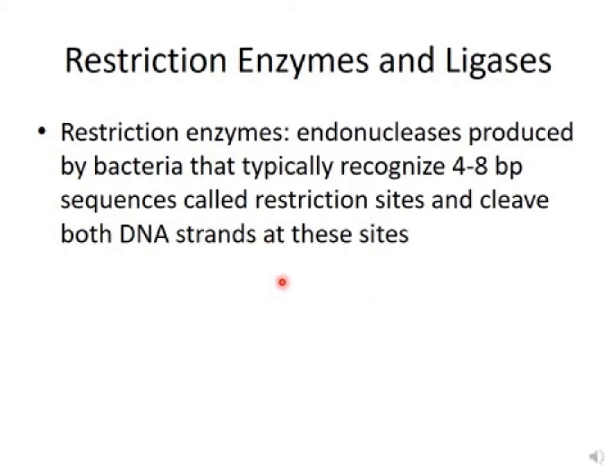So if we want to cut out that sequence, the restriction enzyme has to cut both ends of the gene that we are interested in, or we're going to have to add more than one restriction enzyme, one for each site we want to cut. The enzymes that stick the DNA together, we have mentioned them before, are called ligases, and there are ligases produced by bacteria. These ligases connect DNA sequences one to the other.